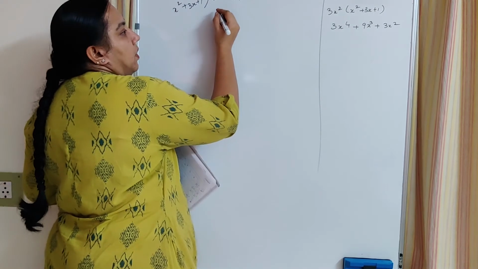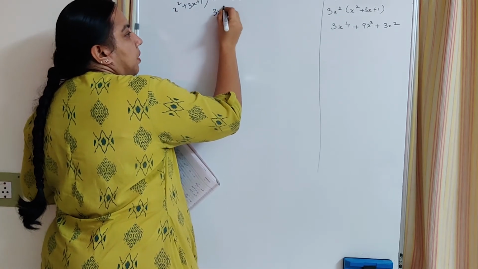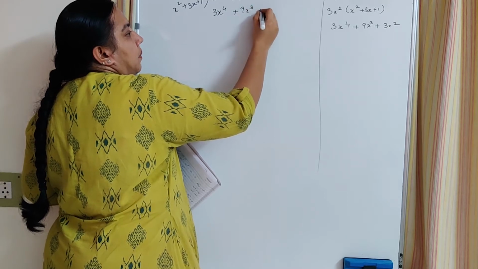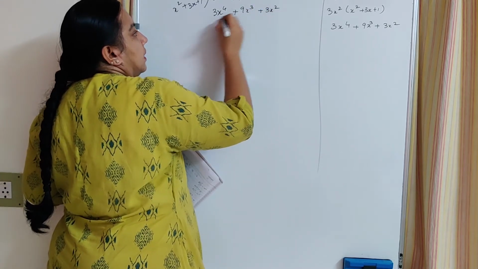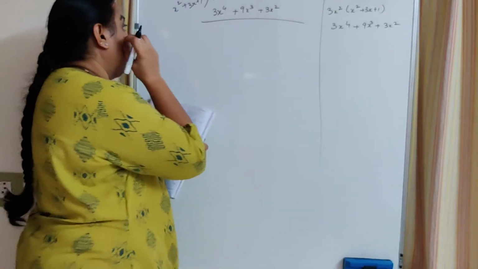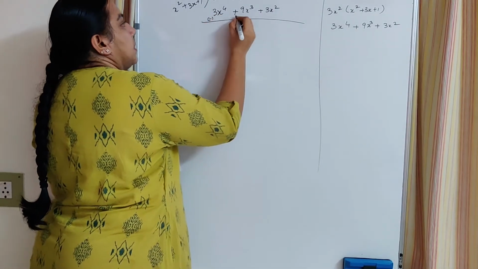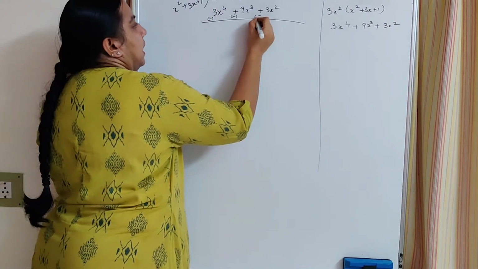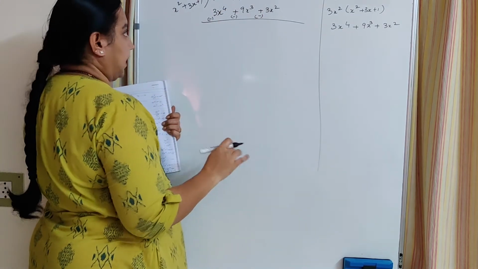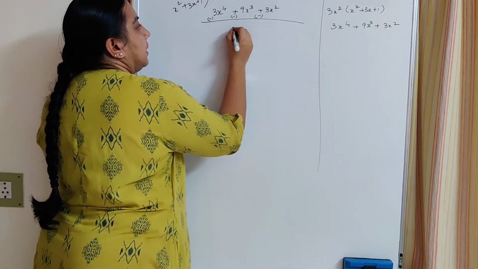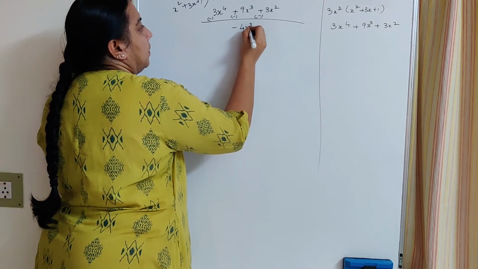I'm writing down all the terms here: 3x power 4 plus 9x cube plus 3x square. We subtract. So I'm changing the symbols of the terms. If I have a plus here, I change it to minus. If I have a minus, I change it to plus. That's all. And this term gets cancelled. Here the remainder is 4x cube.